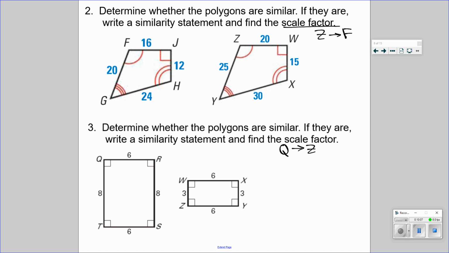So the first one is similar. What's a similarity statement you could write for it? CWXY is similar to FJHG. Okay. That's the first part. Second part, I gave you a specific way to write the scale factor. What would the scale factor be going from the Z figure to the F figure? 4 over 5.